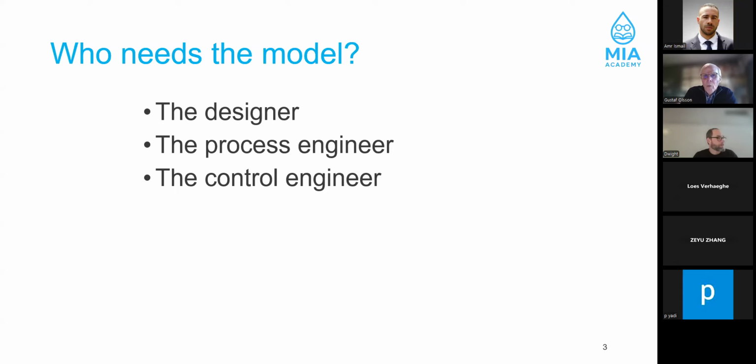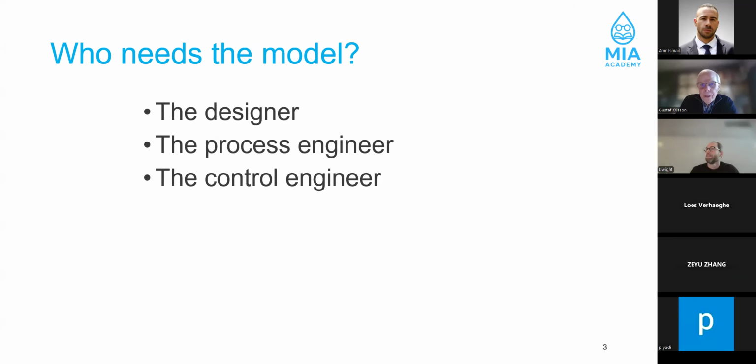In other words, what happens if I increase the water flow rate? What happens if I increase or decrease the return sludge flow rate? Or if I increase the backflow from the anaerobic digesters back to the wastewater treatment, and so on, not necessarily knowing all the kinetics. The control engineer is interested in different things.